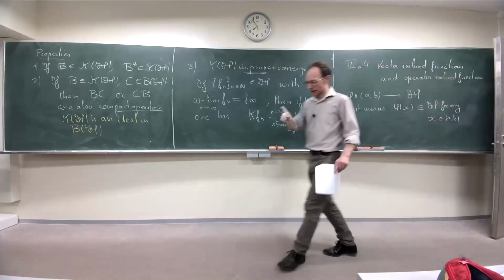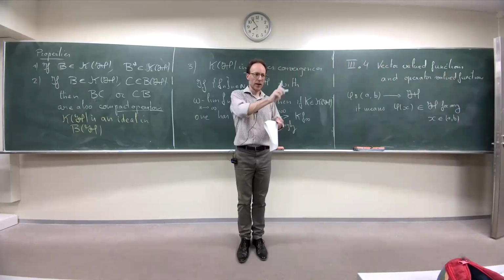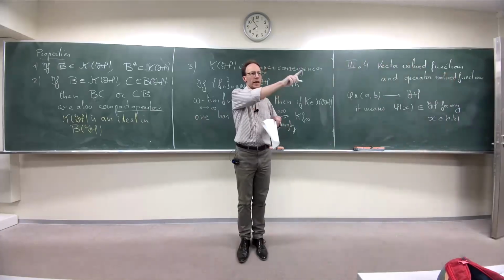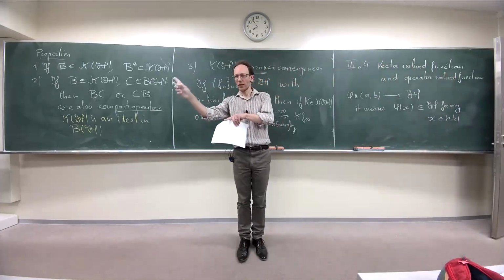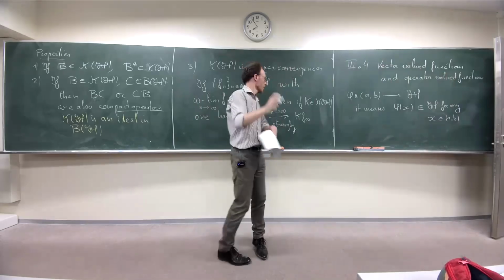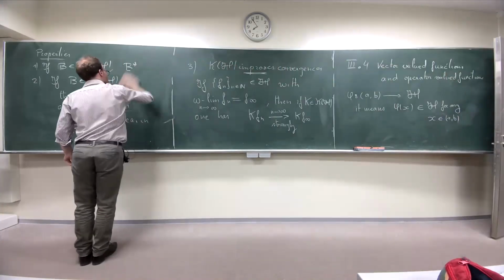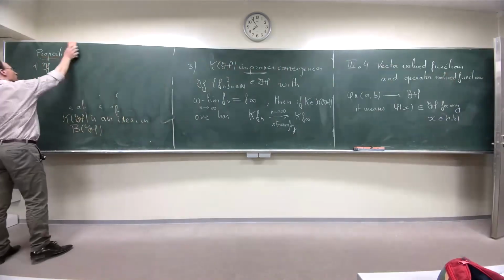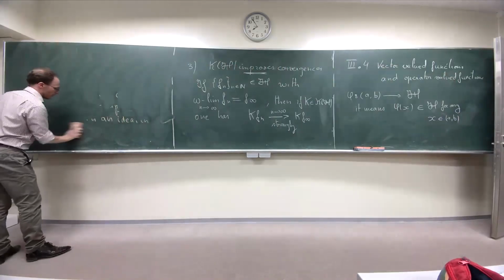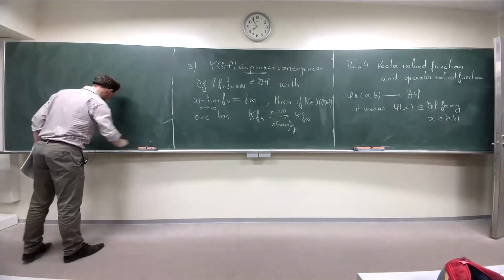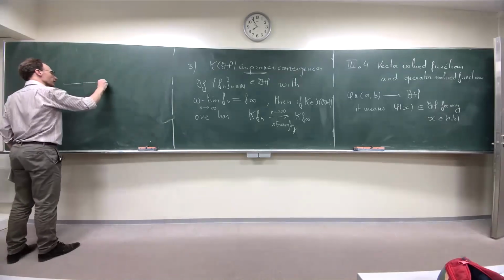It's like you have the interval, and at every point of the interval, instead of having just a number, you have a vector. If you think about finite dimension, take the interval AB.